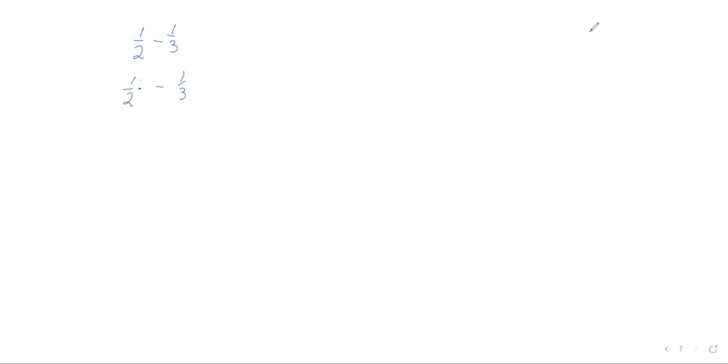And our 1 will take this shape. That will be 3 over 6 minus 2 over 6.